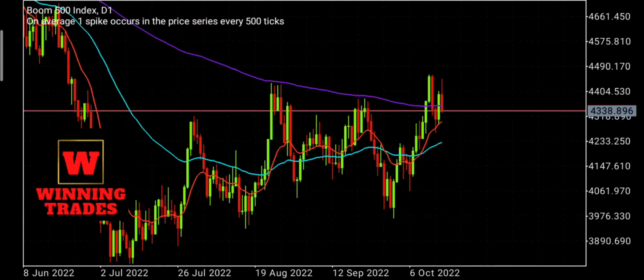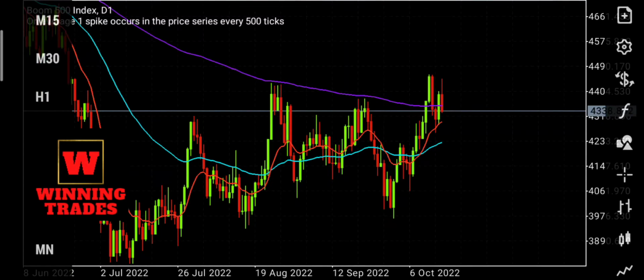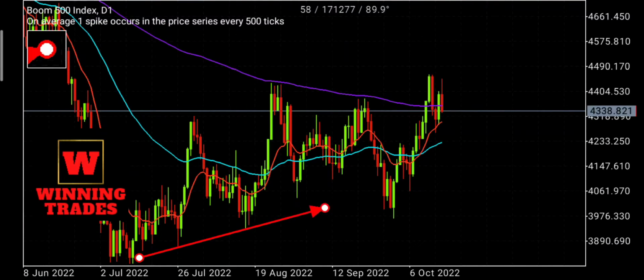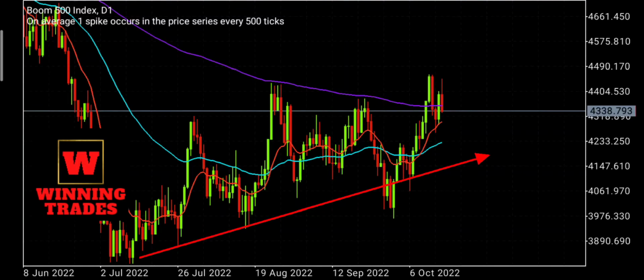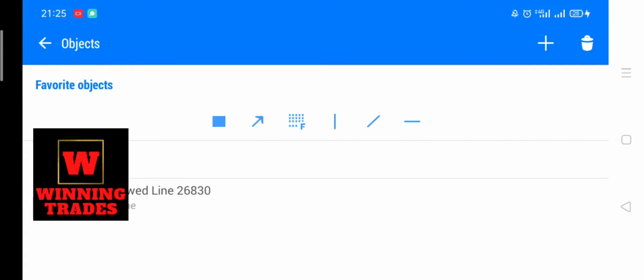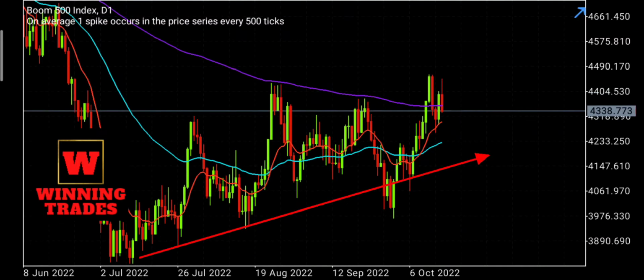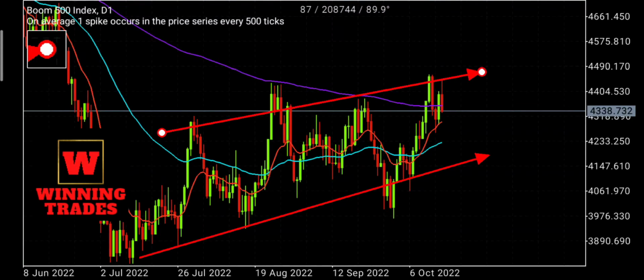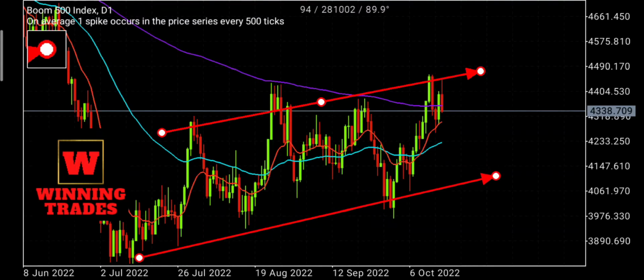You can see price has been going up. Price went all the way up here. You can see an ascending channel there. Price has been going up, going up, broke out.